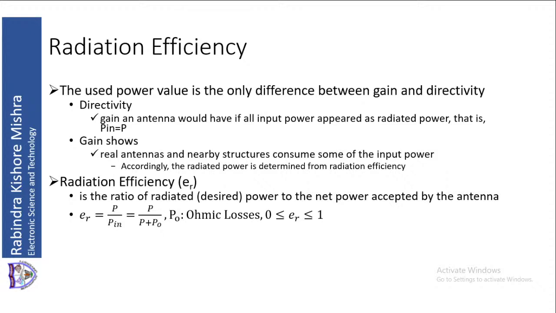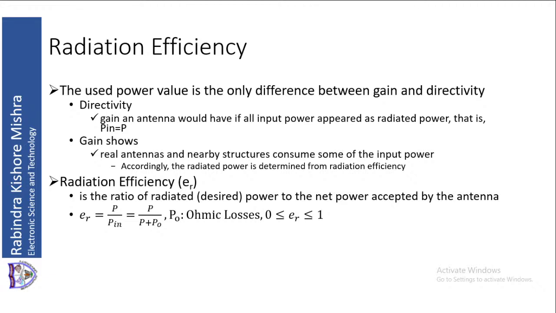Now P in you can write as P plus P0, where P0 is the ohmic losses. Ohmic losses are losses due to resistive elements in the antenna, because the antenna is mostly made up of conducting materials, so there will be resistance and resistive losses.